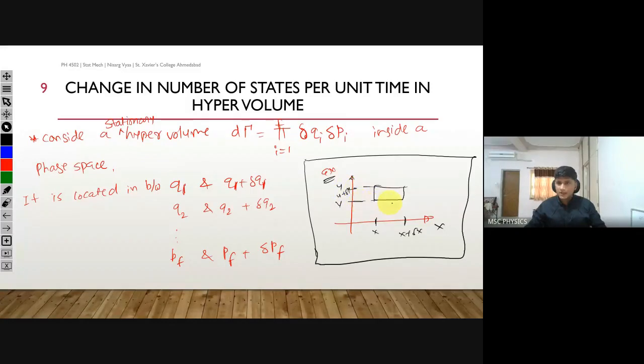So this is the area between these points. If you multiply delta x into delta y, you will find this area. It is located between these points and we cannot visualize it in higher dimensions, so we are trying to visualize it in 2 dimensions. It is located between all these points.